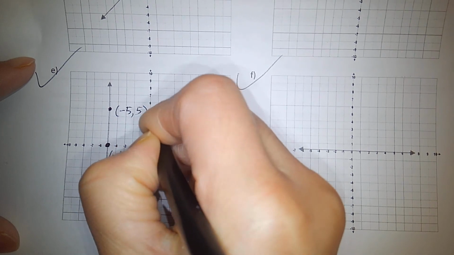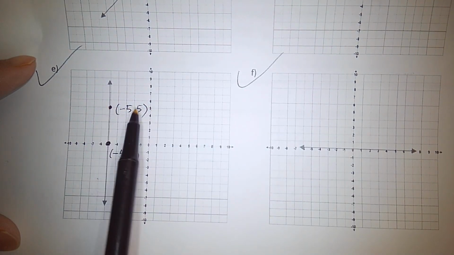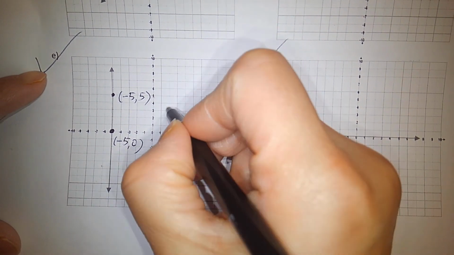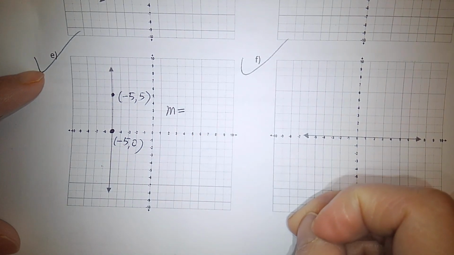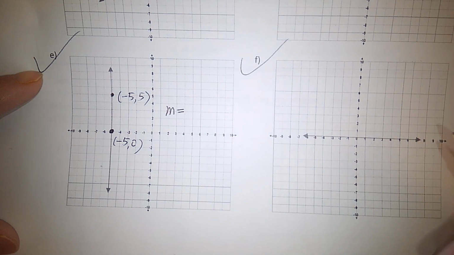This is when x equals -5, y equals 5. So slope equals, it doesn't matter, okay?